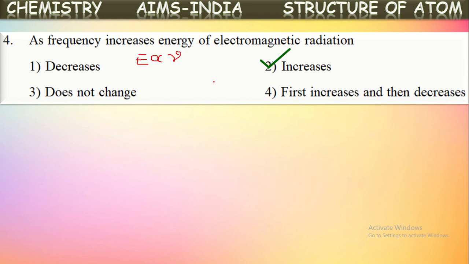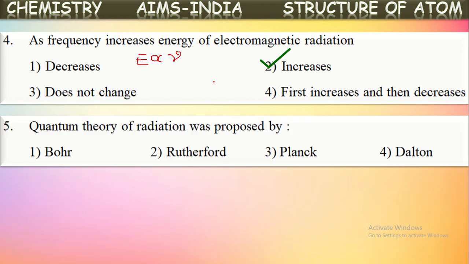Okay, next, quantum theory of radiation was proposed by whom? Just in the above question we have discussed. Quantum theory of radiation was proposed by Max Planck. What is it stating? Quantum theory states that energy emitted by particles or waves is not continuous, it is discontinuous.